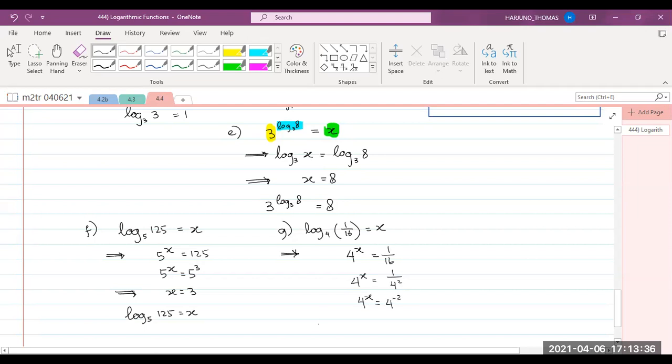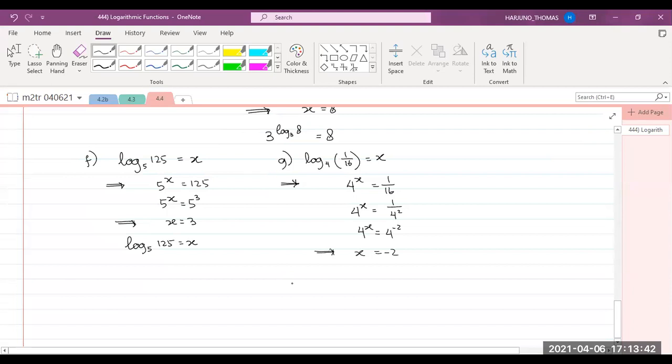So x equals -2, which implies log base 4 of 1/16 is -2. Okay, that's for number 15.